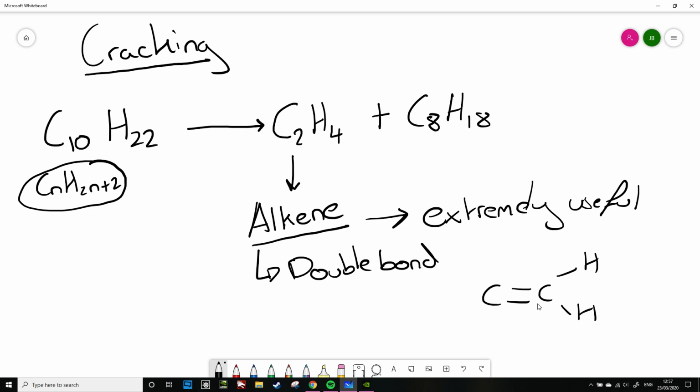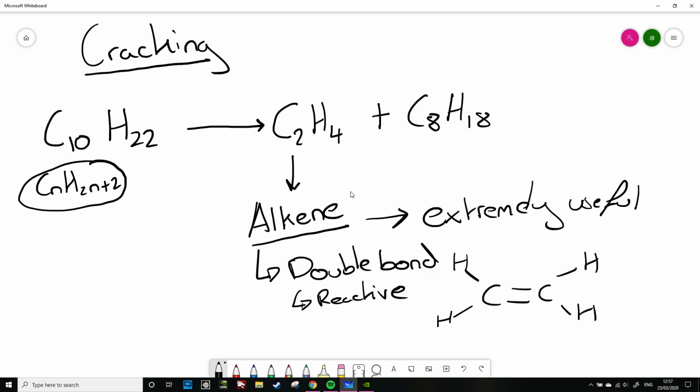You can see the single bonds of hydrogens, but then that's that double bond in the middle here. You see the two lines representing it. Now the double bond makes it quite reactive. And that's useful because we can make other things out of this. We can break one of the bonds and attach other things to the carbons to make new products. So an alkene is extremely useful.